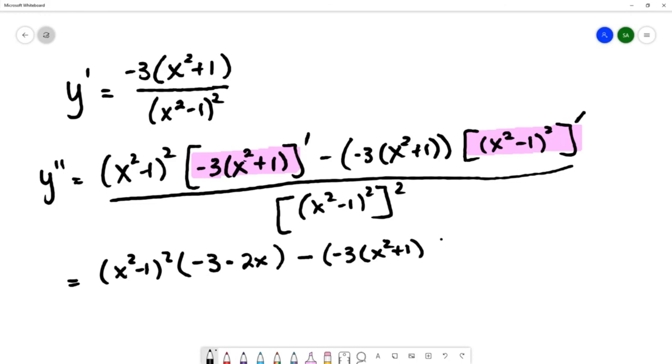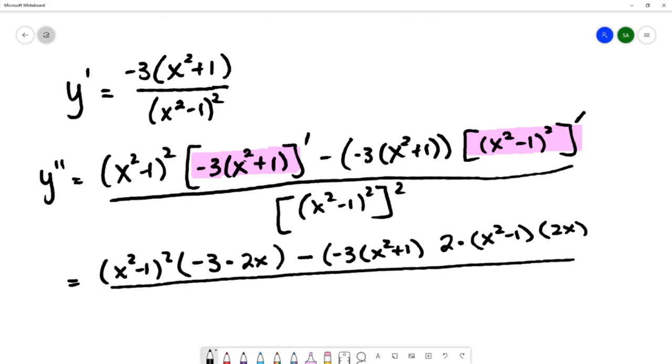So I'll bring that power down, leave the inside alone, take 1 away from the power, and chain by multiplying by the derivative of the inside. So that gives 2 times (x squared minus 1) times 2x. In the denominator, I can simplify using the power rule for exponents to give (x squared minus 1) to the 4th. I multiplied those powers together.